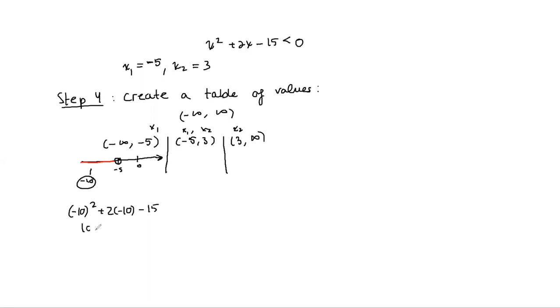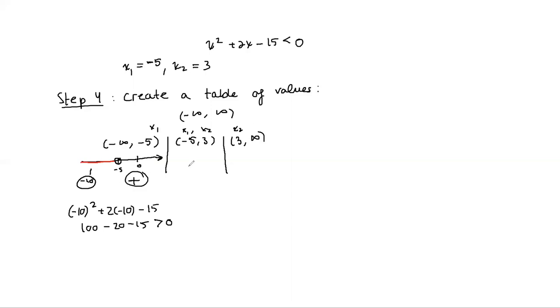So that's 100 minus 20 minus 15, which is greater than 0. So if I take a value of negative 10 and plug it in here, I get a positive value. So technically this is saying that between minus infinity and minus 5, I will always get positive values.